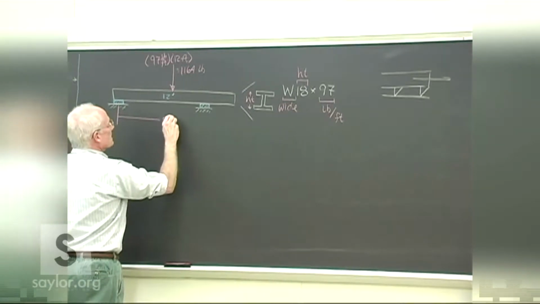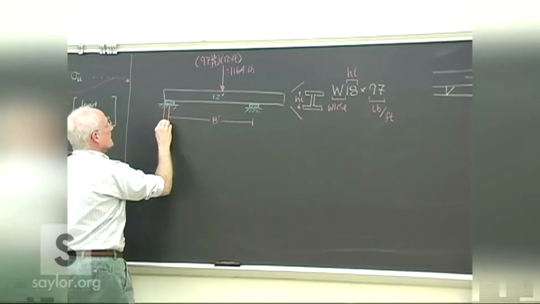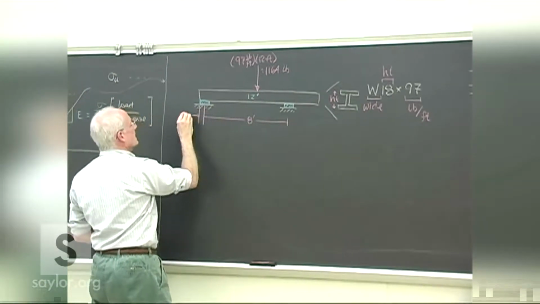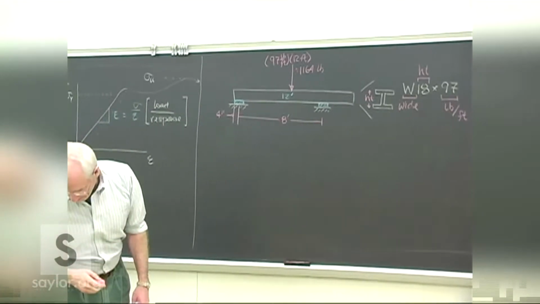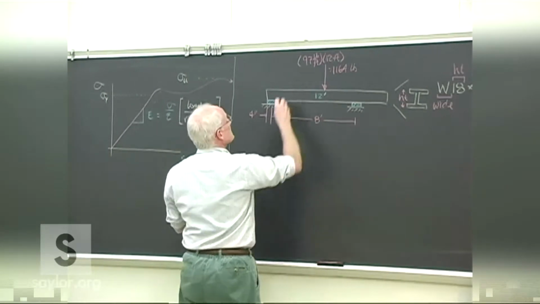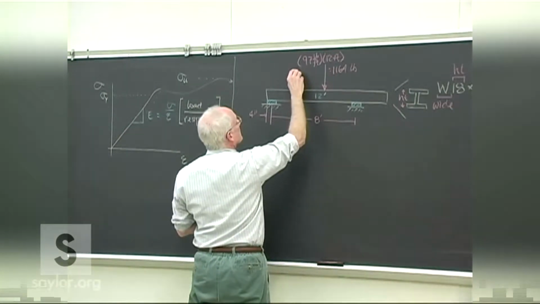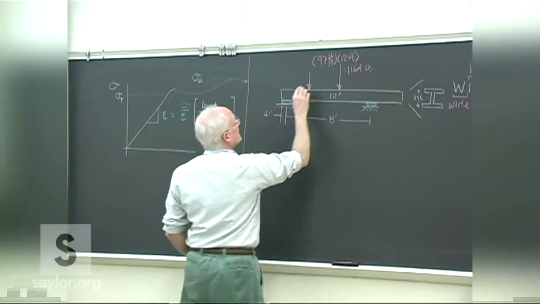All right, so these are about 8 feet apart, and the center of the pad is about 4 inches in from the end. And we also have, just to spice things up a little bit, another point load of 40 kips.